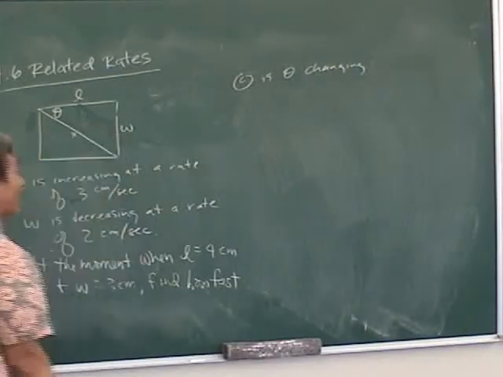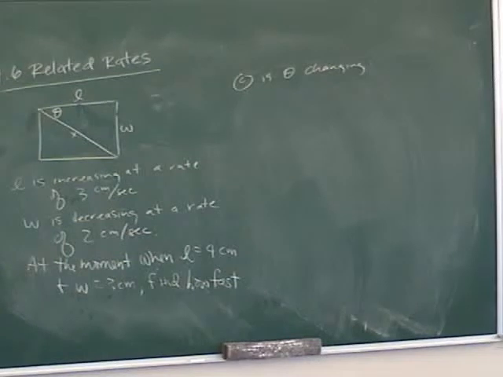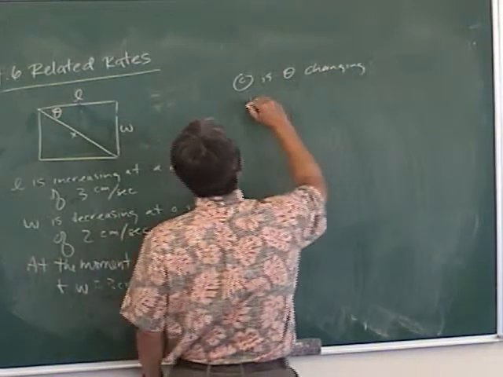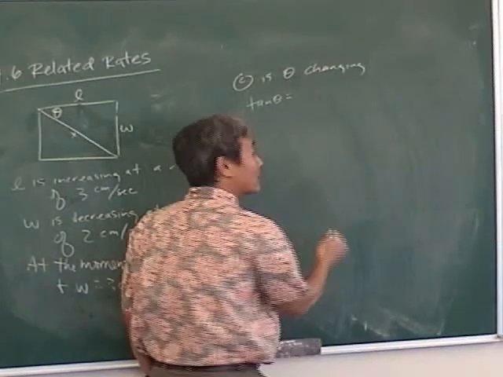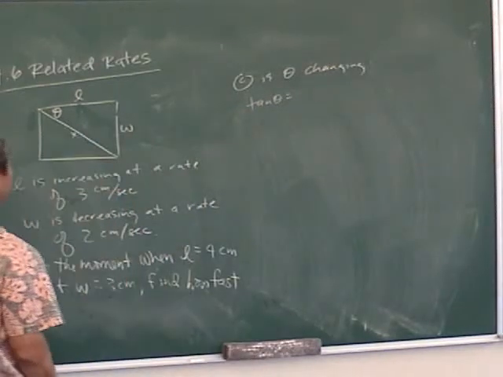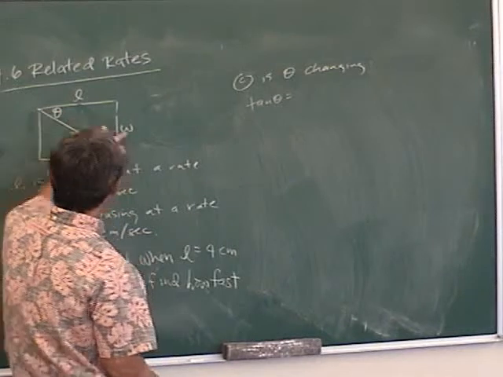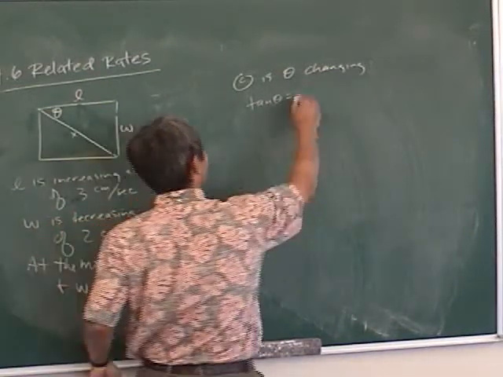So first, you got to write an equation that relates theta with the variables. Now there's 12 equations you can write. Any one of them will do. Anybody? Okay, how about tangent theta equals W over L. Tangent theta is opposite over adjacent, right?